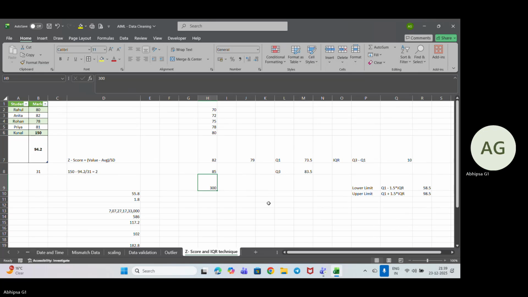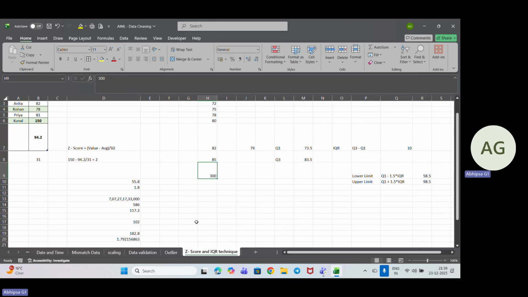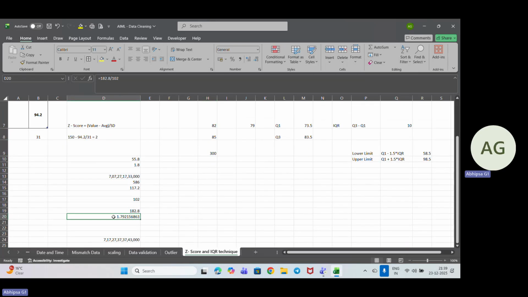Now, if we have skewed data, then of course we will be using IQR. Why? Because IQR works well with skewed data, but the Z score doesn't work well with it, right? Basically, we have taken 70, 72, 71, 73, so it is of course skewed, right?